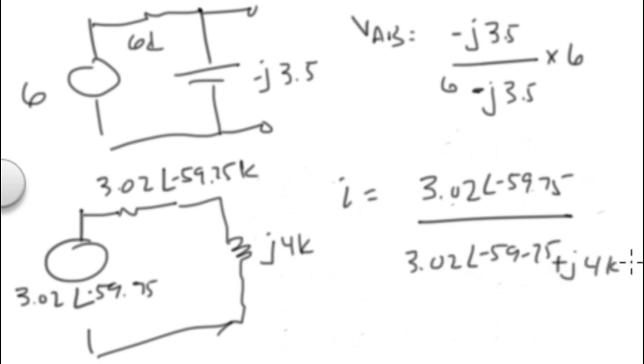And this is in K as well. So this is, say, J4. So now we've got to move this to rectangular and then back to polar to get the final answer.